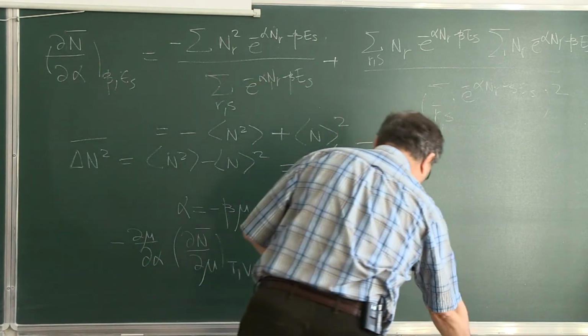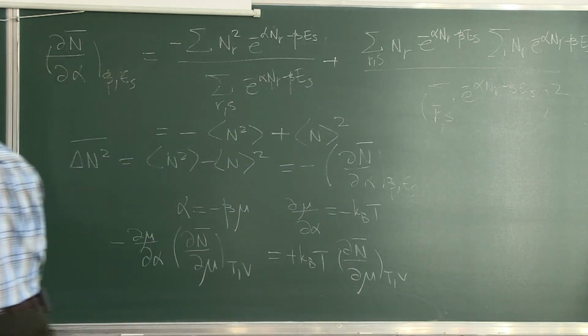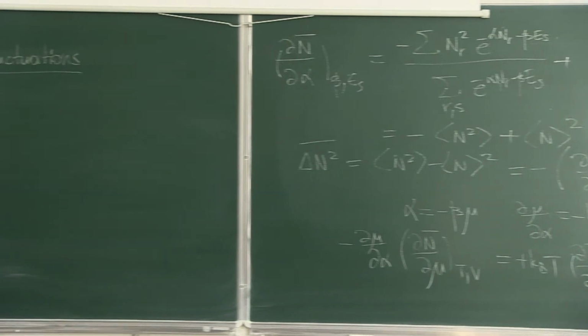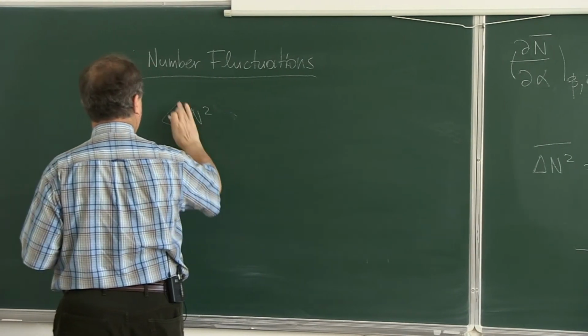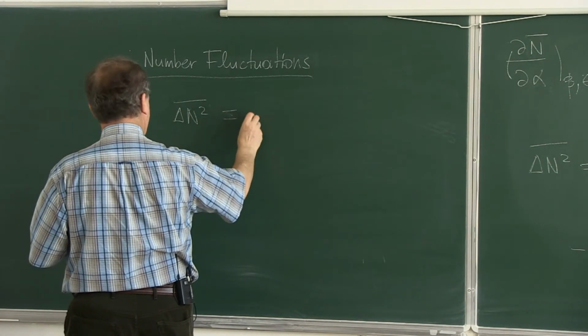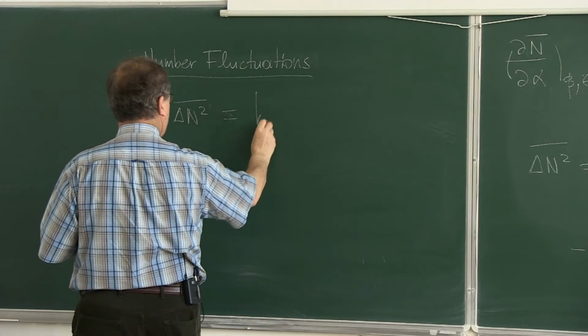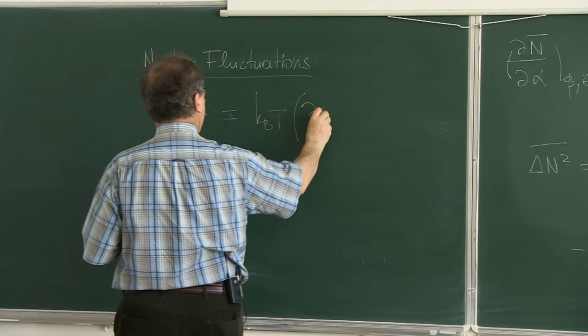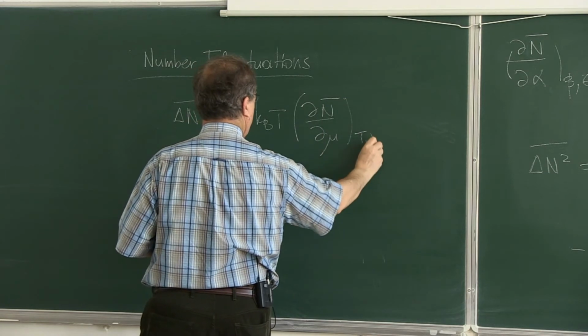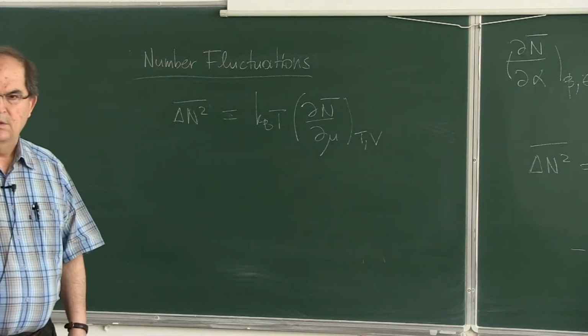So let's use this to get delta n squared average, which is kBT del n bar del mu, keeping T and V constant. That's where we are.